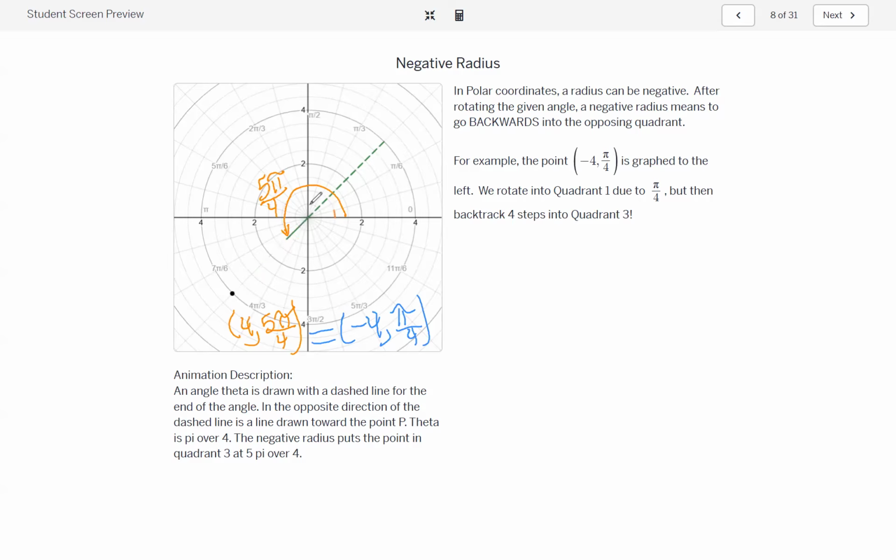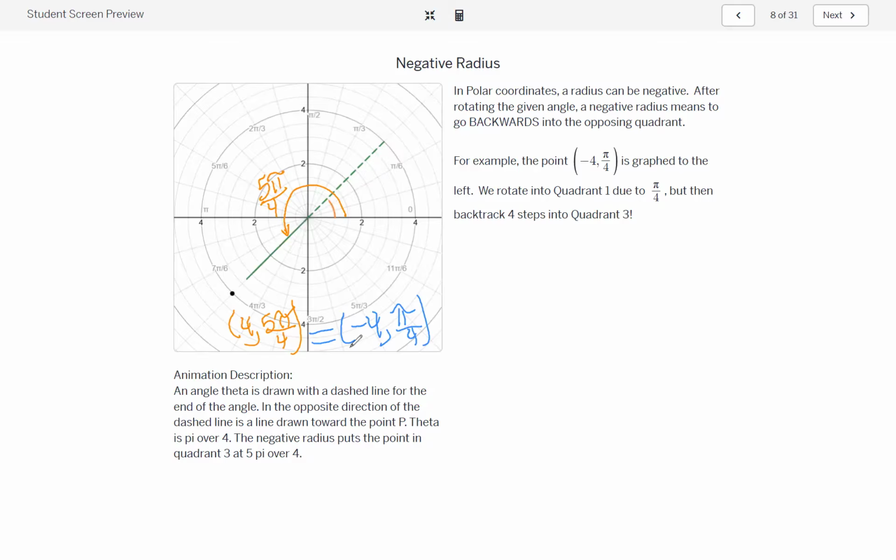In the polar coordinate system, I have an infinite number of points that put us on the same location. And we have the infinite number of points because all of our thetas have an infinite number of coterminal angles.